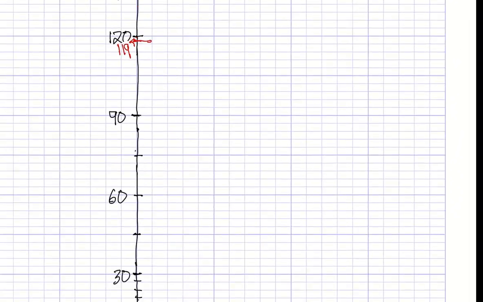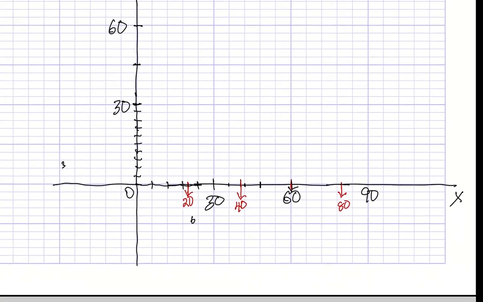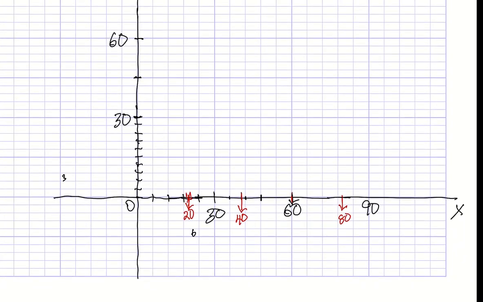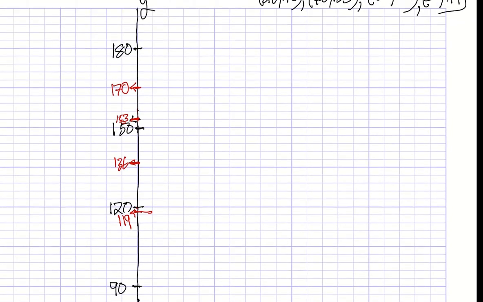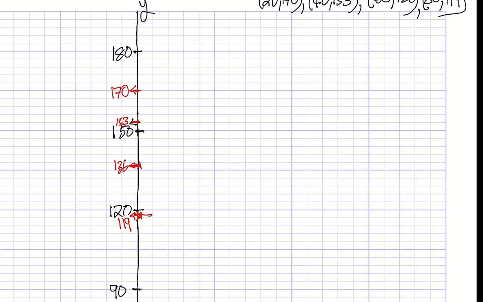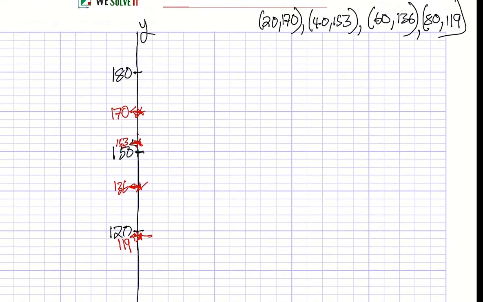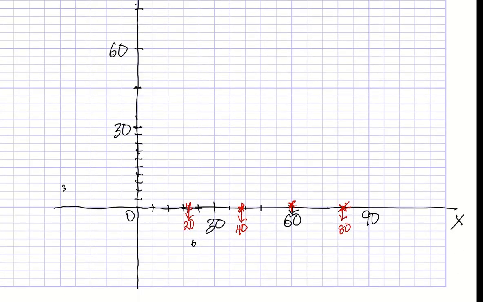You see them there? On the X axis, 120 is here, 140 is here, 160 is here, 180 is here, okay? And then here is 119, 136, 153, 170, okay? So then we'll enter the data. 20 and 170 is over here.